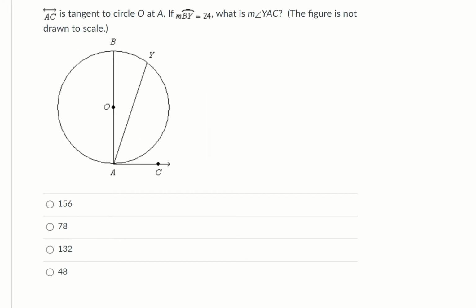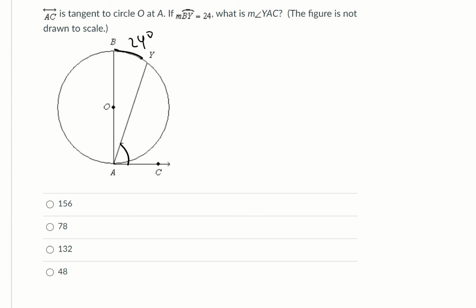All right, so AC is tangent to circle O. So this is a tangent. If the arc BY is 24, so this is 24, what is the measure of angle YAC? So they want this angle here.